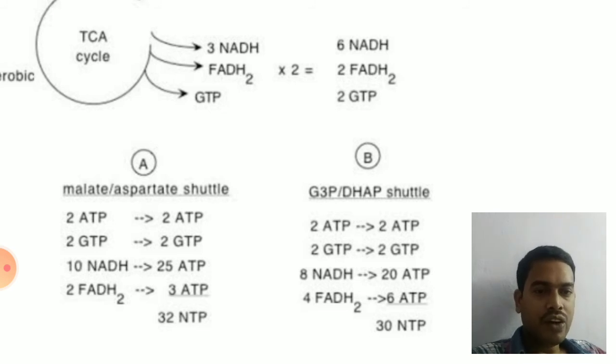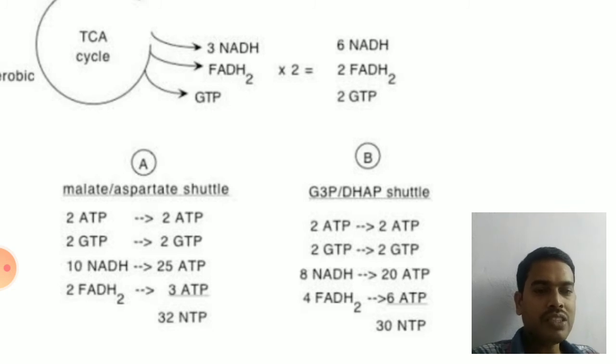If it is following the glycerol 3-phosphate shuttle system, 2 NADH molecules will be converted into 2 FADH2 molecules. So then it will be 2 ATP, 2 GTP, 8 into 2.5, 20 ATP, 4 into 1.5, 6 ATP, total 30 ATP.